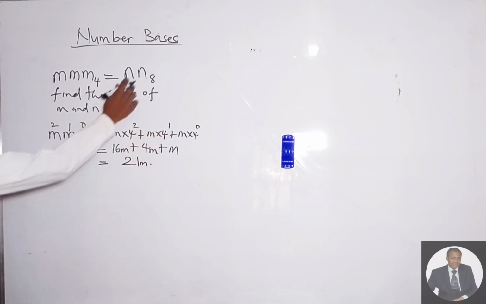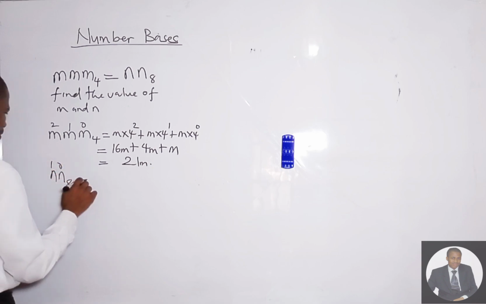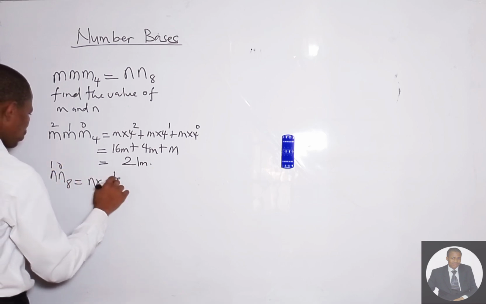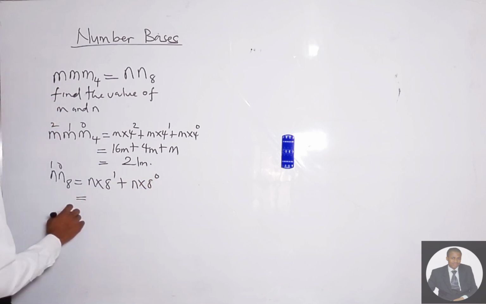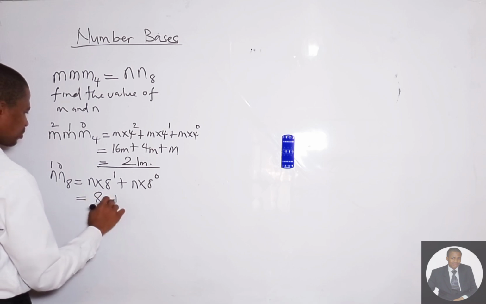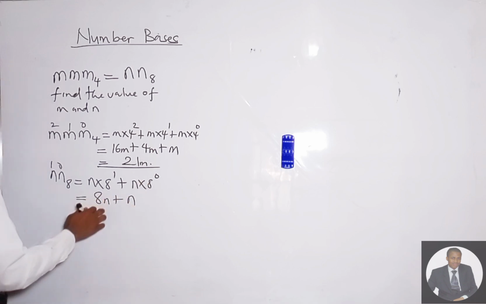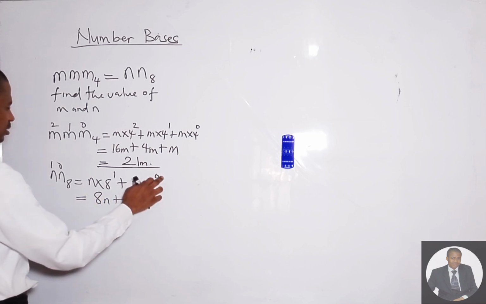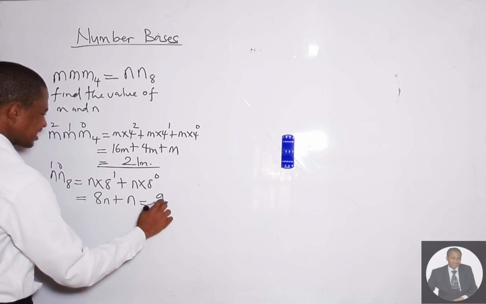So then we convert nn also. That's n times 8 raised to power 1 plus n times 8 raised to power 0. And that gives us what? 8n plus n. 8 raised to power 0 is 1, 1 times n is n. So that gives us 9n.